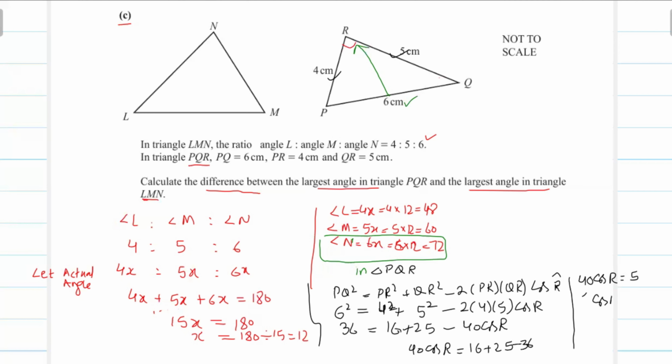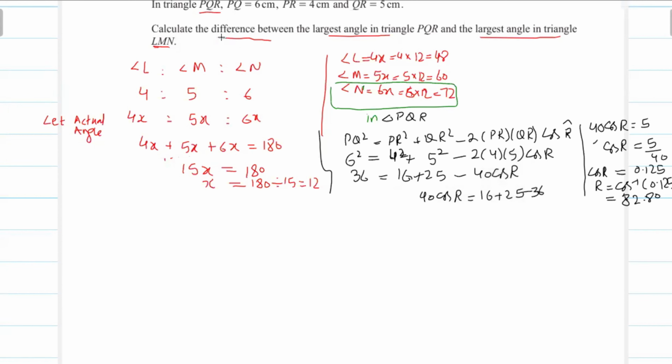Therefore, cos R will be equal to 5 over 40, and this will be equal to 0.125, and R will be equal to cos inverse 0.125, and this value will be equal to 82.8 degree.